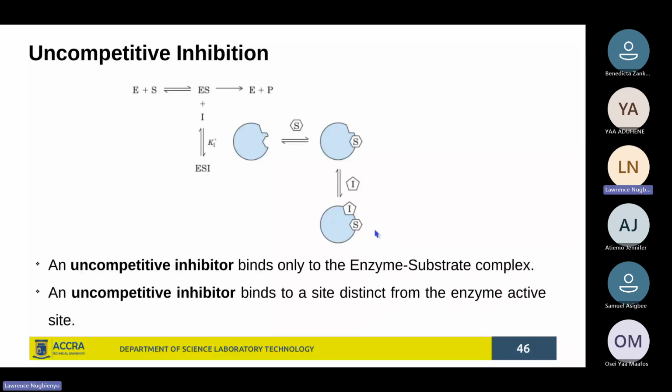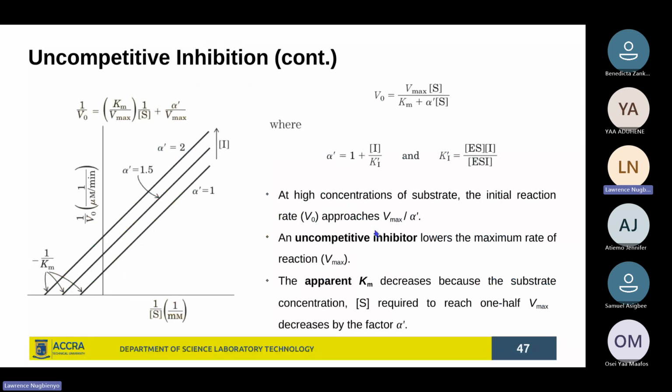Okay, so here too, we see the Lineweaver-Burk representation of the uncompetitive inhibition, where you see that again, when the concentration of the inhibitor is increasing, this time around the Michaelis-Menten constant keeps reducing. It's moving to the left-hand side.